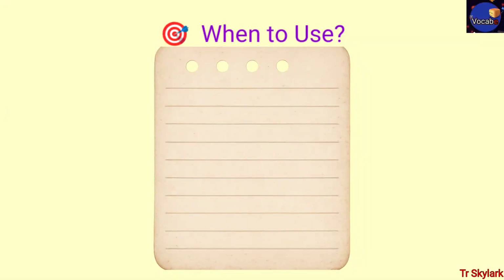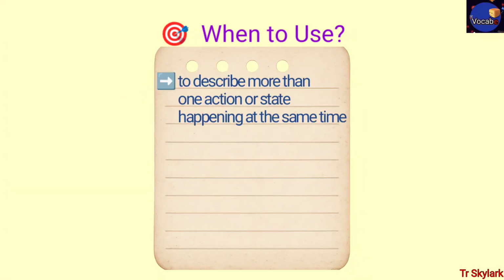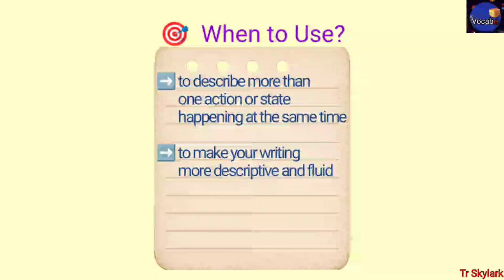Okay, so when should you use compound participial phrases? Number 1, when you want to describe more than one action or feeling at the same time. Number 2, when you want your writing to sound more descriptive and fluent.